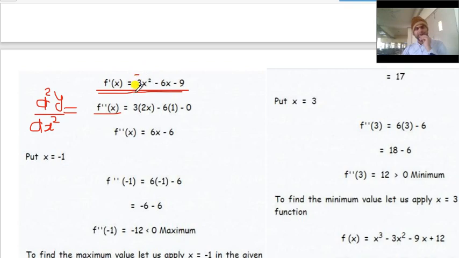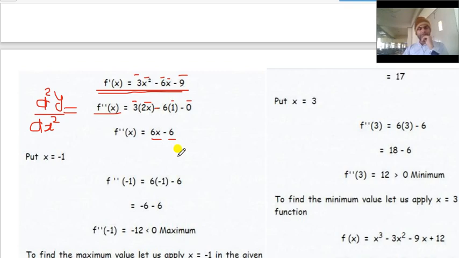So we write this 3, and the differentiation of x square is 2x. Then we write minus 6, and the differentiation of x with respect to x is 1. And 9 is a constant, so its differentiation is 0. So 3 multiplied by 2x is 6x, minus 6 into 1, that is minus 6.